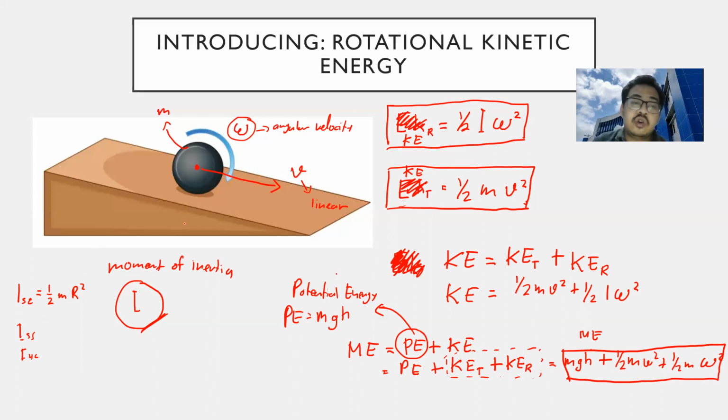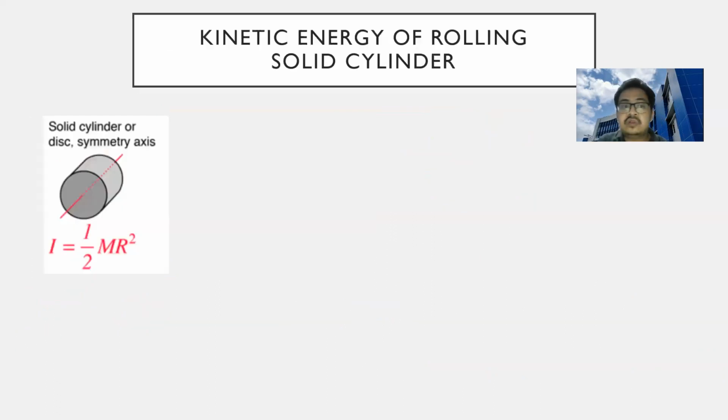So, to put it shortly, a rotational motion or a rolling motion here is influenced deeply by the shape of the object, because different shapes will give different moments of inertia. We'll dive down into this after this.